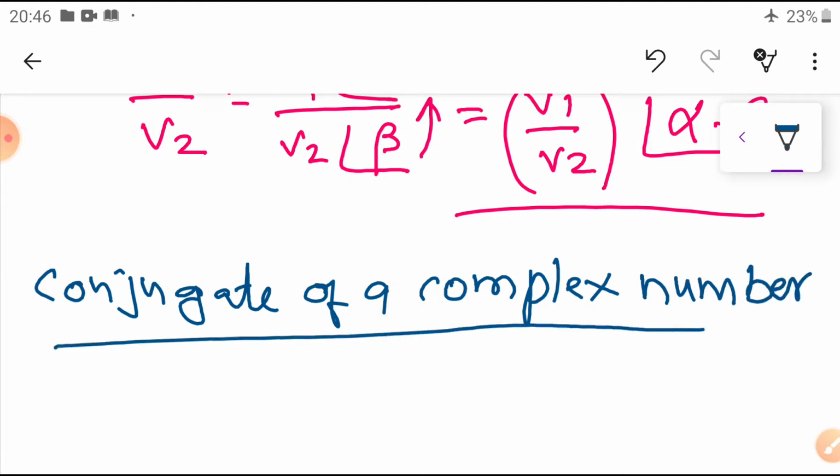What is the conjugate, first of all? For example, let us take one vector A is equal to A plus J of B.